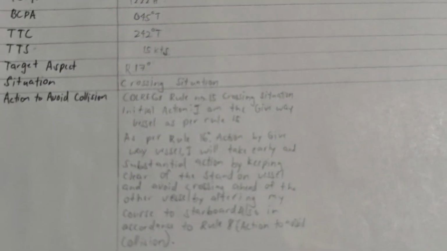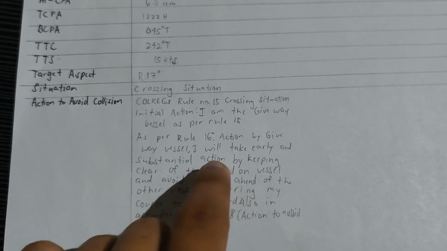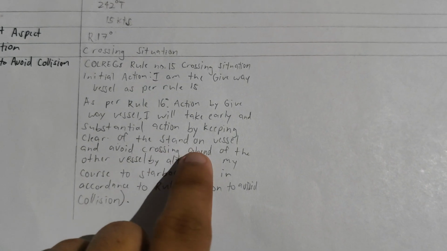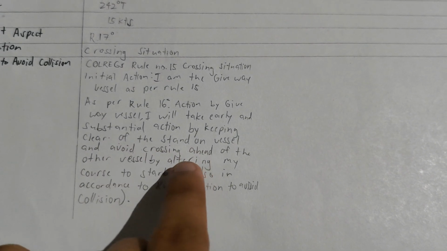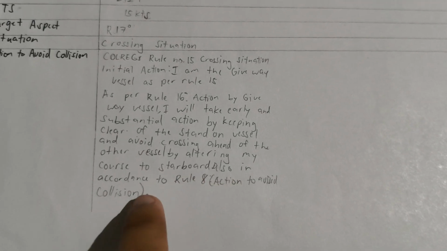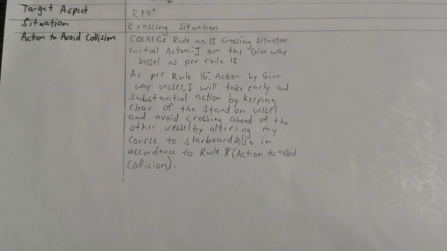As per Rule 16, action by give-way vessel, I will take early and substantial action by keeping clear of the stand-on vessel and avoid crossing ahead of the other vessel by altering my course to starboard, also in accordance with Rule 8, action to avoid collision.